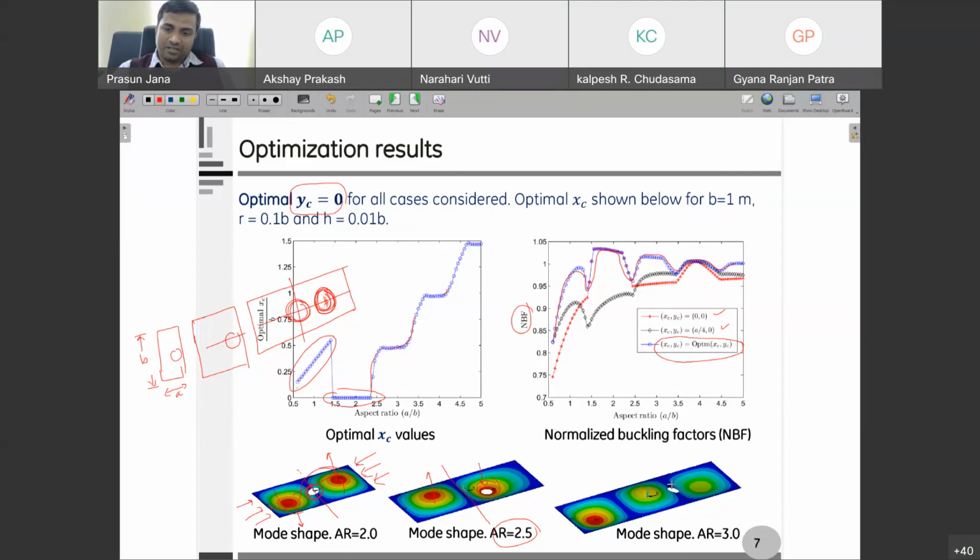Whereas in this 3.0 case, it is again near the nodal lines. So we cannot conclude that it will always be on the nodal lines. It can be anywhere within this rectangular plate. So that justifies that we need to adopt an optimization scheme for getting this optimal location.